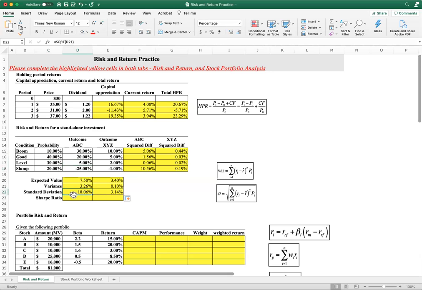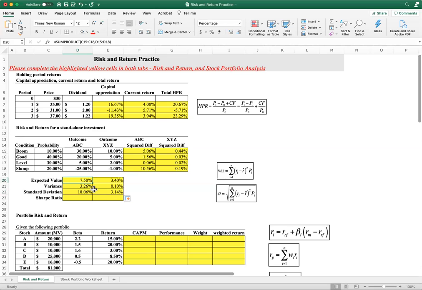So we call this one standard deviation, right? This is the one standard deviation, 18.06%, added to the 7.5. This gives you 25.56%. If you subtract 18% from 7.5%, this gives you negative 10.5%, about.